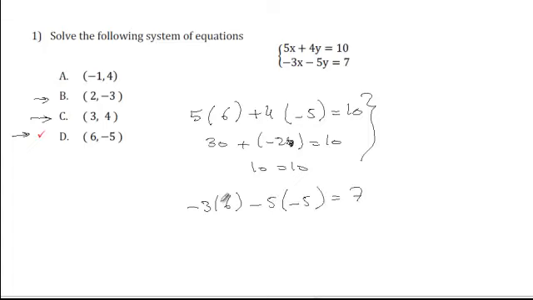We are checking. Minus 3 times 6 is minus 18, and minus 5 times minus 5 is plus 25, equals 7. So 25 minus 18 is equal to 7. 7 equal to 7 is correct. So the coordinates of the point D, which is 6, minus 5, satisfy both equations. So in this case, D would be the correct answer.